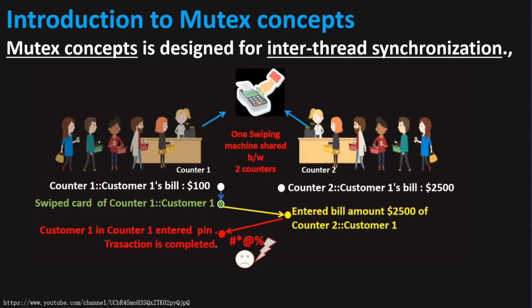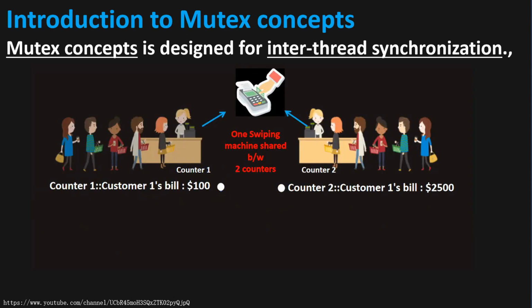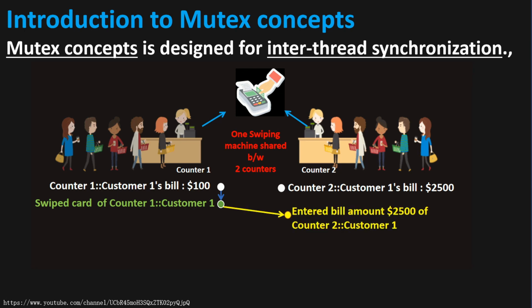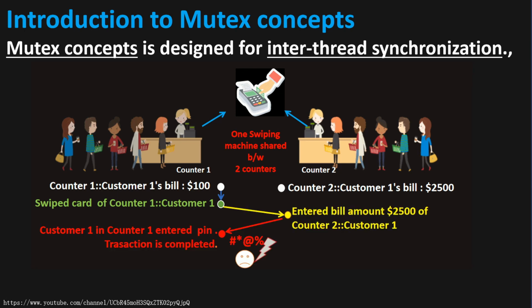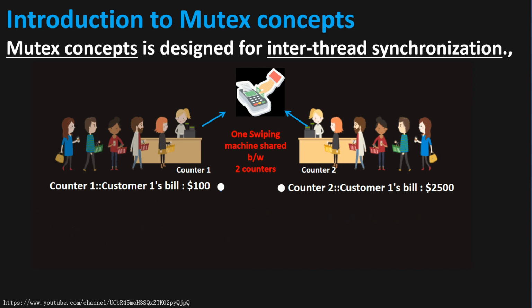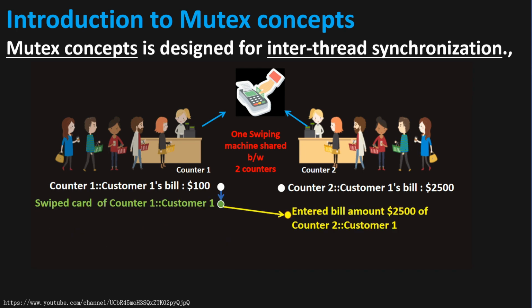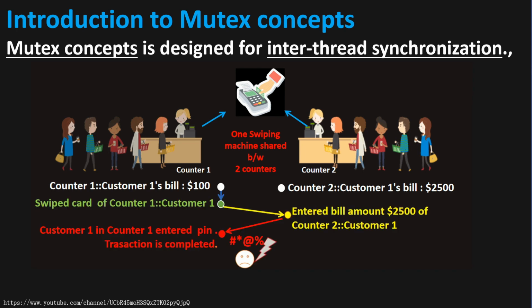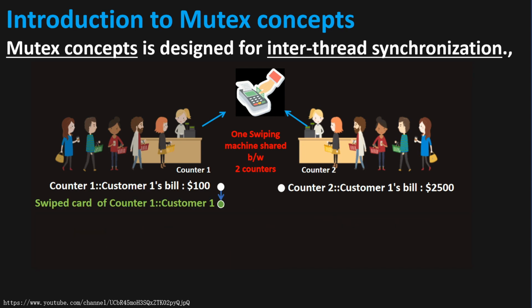Now let's assume that the customer at counter 1 has to pay $100 and the customer at counter 2 has to pay $2,500. Let's check what happens if there is no synchronization at the time of payments. Here, as shown in the example, first the card of the customer from counter 1 is swiped.